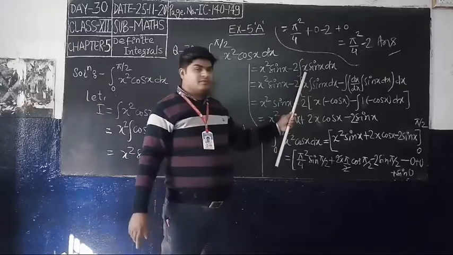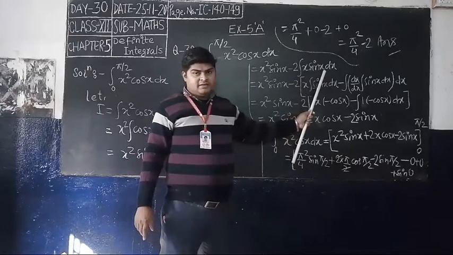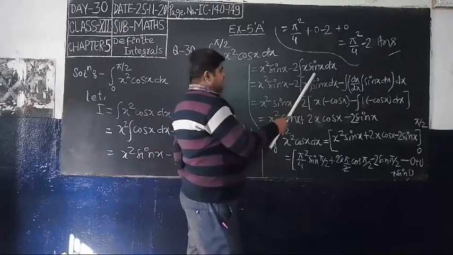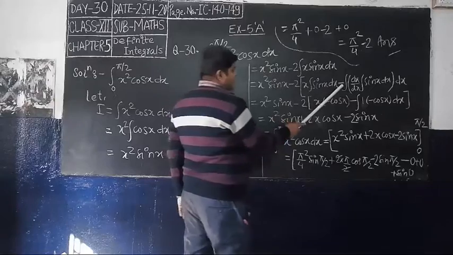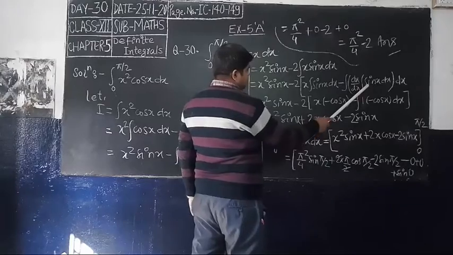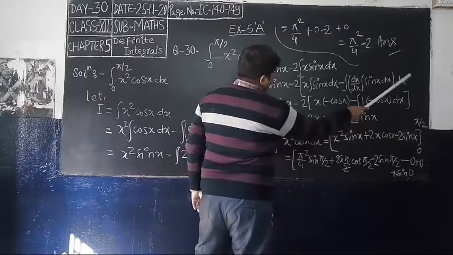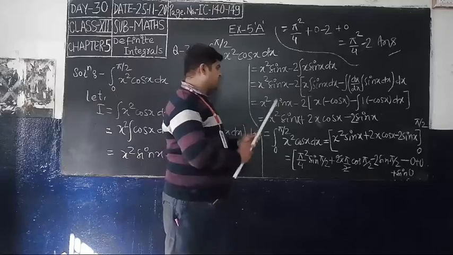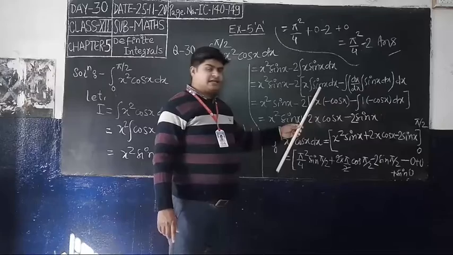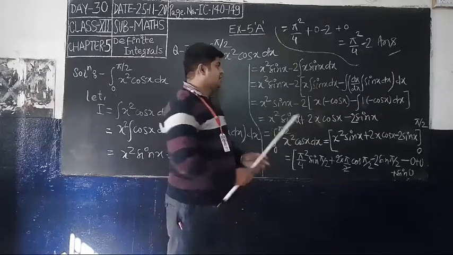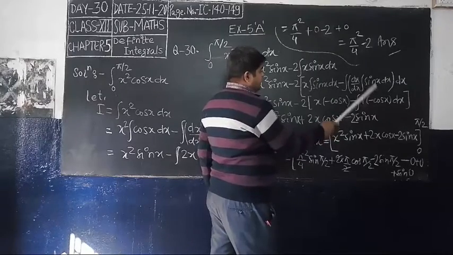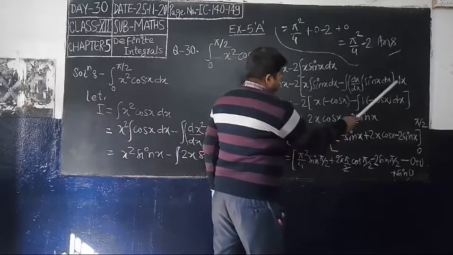x square sin x minus 2. You will again find the integration by parts method. So this is the first function x, second function; integration of the second function minus integration of the first derivative of the first function, dx by dx, times the integration of the second function sin x dx. x square sin x minus 2 x, and you know the integration of sin x is equal to minus cos x, minus integration of dx by dx, 1, times the integration of sin x, which is minus cos x dx.